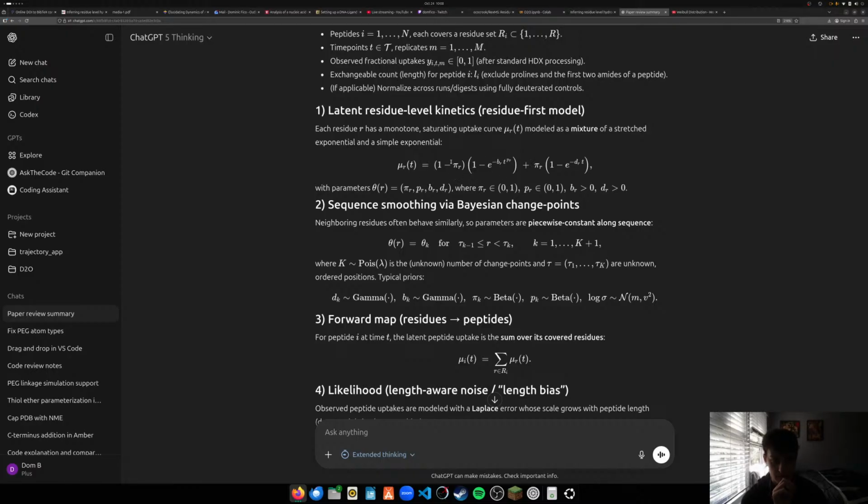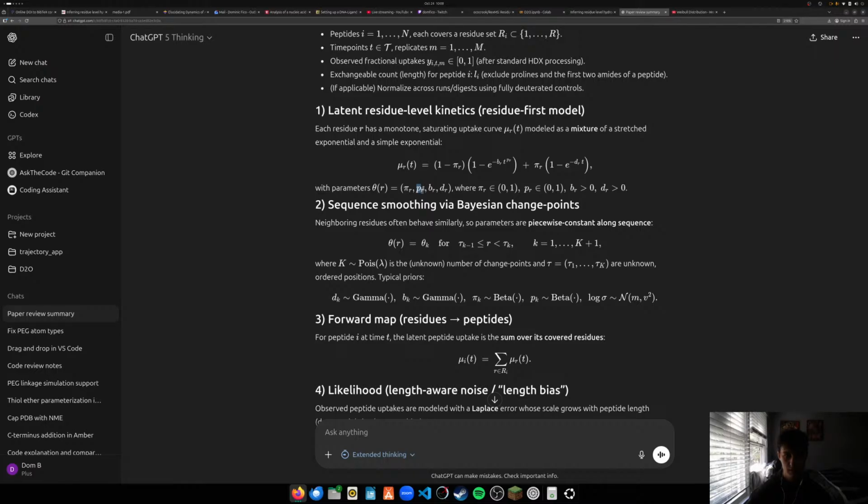So this is the single exponential, or maybe this is the whole. Okay, so this is the stretched exponential. That's what causes the stretching there. And then this is the single. So we have parameters for the stretching. It's essentially like the weight.